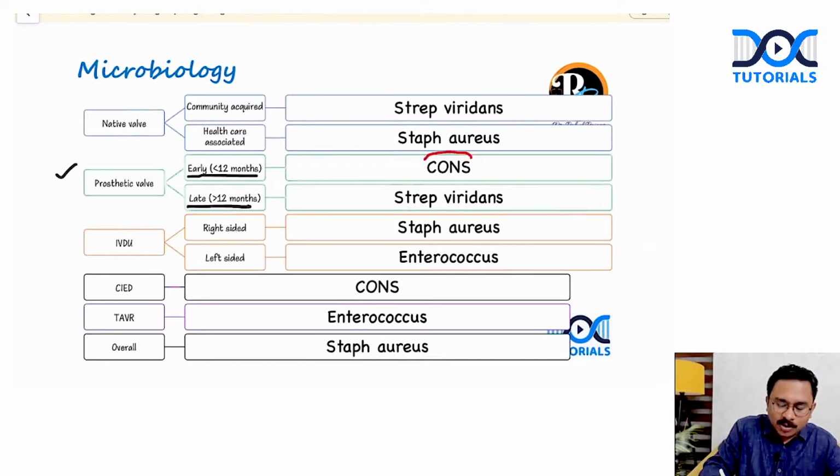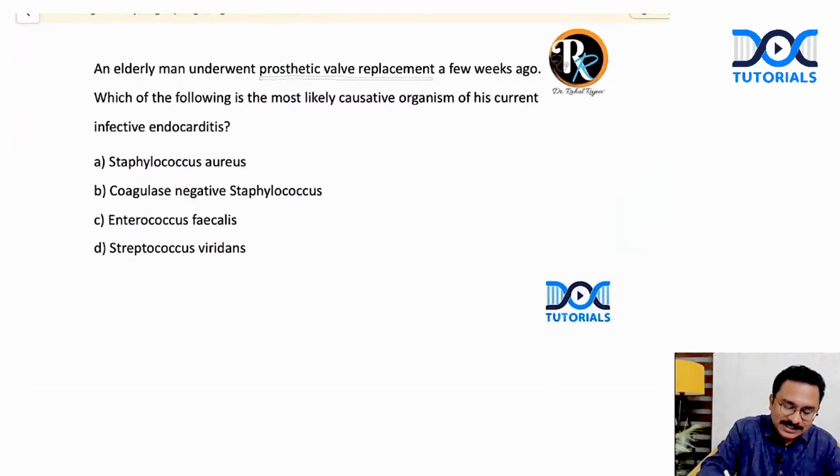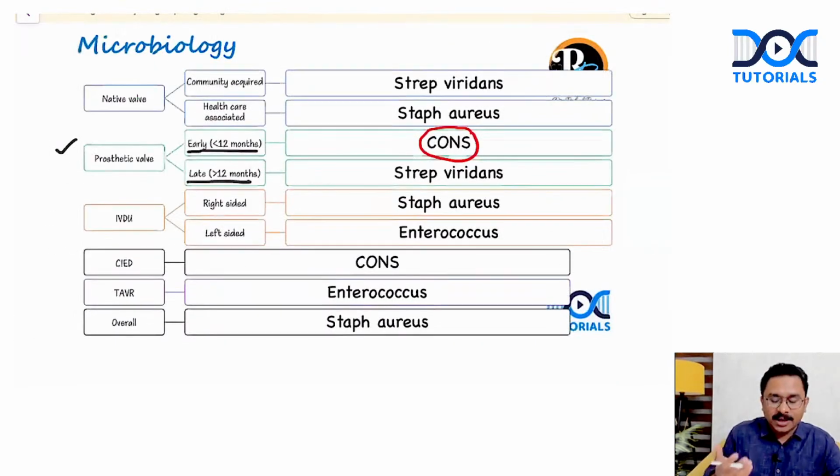So you are thinking about coagulase negative Staph, and hence the answer is going to be option B, coagulase negative Staph. Because this one specifically says few weeks ago. If it was a late event, yes, then the answer would have been different and you can consider Streptococcus viridans.